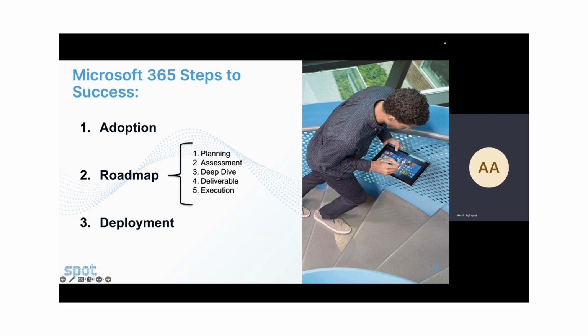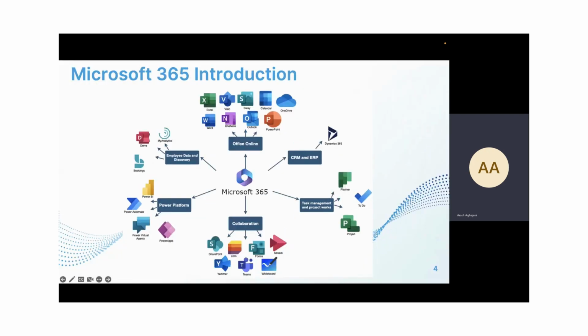Today, we will talk about the deployment and how you can start implementing and deploying Microsoft 365 for your organization, how you can move to the modern workplace using the Microsoft Enterprise solution. So first, let me briefly introduce Microsoft 365.